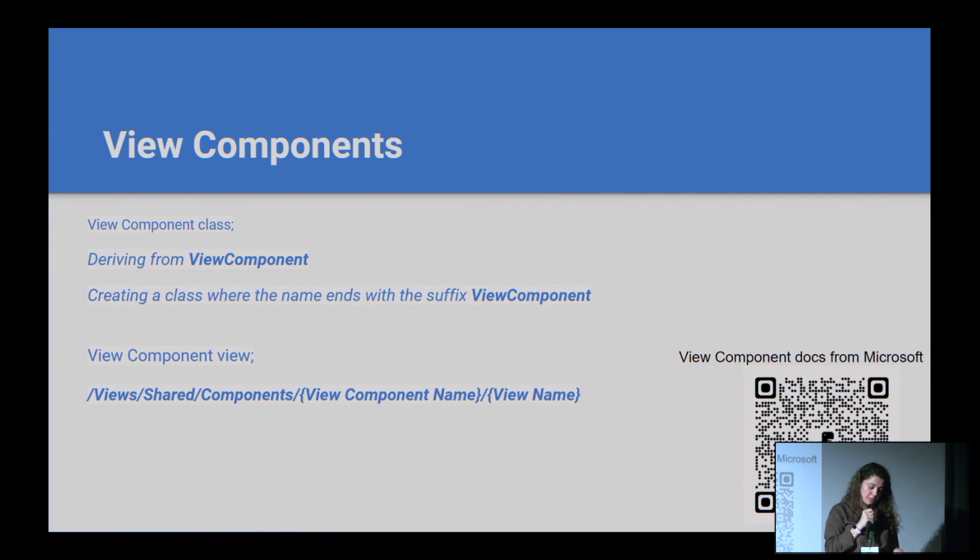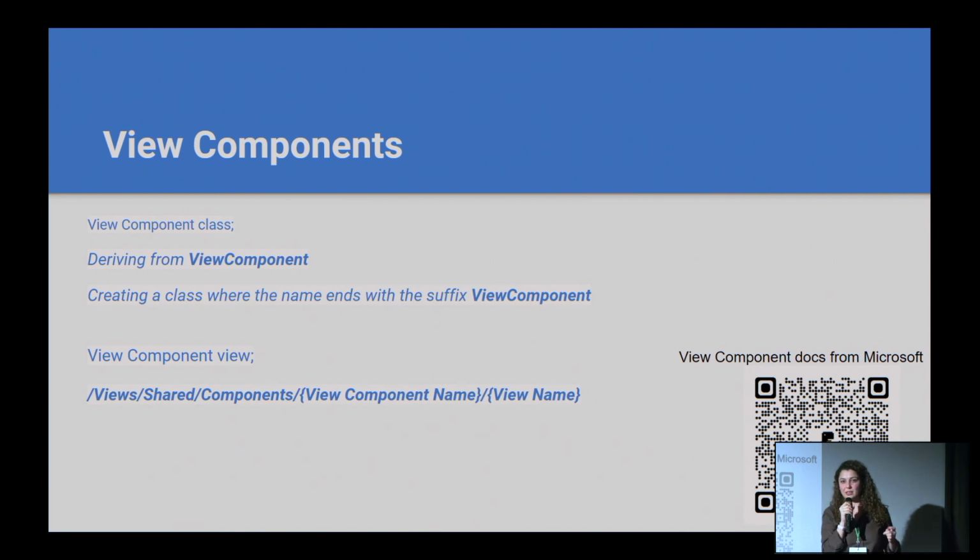And when it's the view, at runtime it searches views, controller name, then components, view component name, and a view name. What we ended up doing is views, shared, components, view component name, and a view name. There are more ways to do it. What I see from so many people's projects on GitHub is they are using views, shared, components, view component name, and default. And I didn't like default.